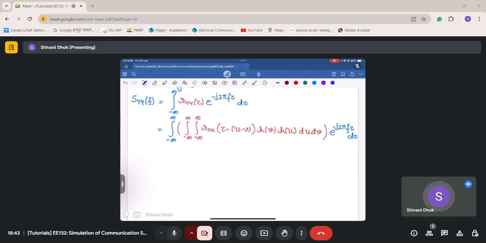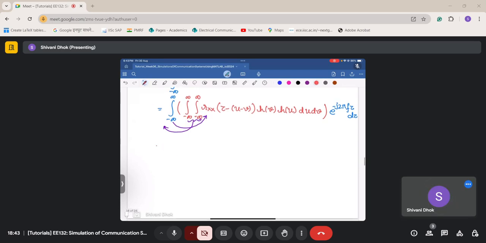What we will do, we'll change the order of integration. So we'll take this integration here and both of these outside. So what we get now is something like this. We will have integral from minus infinity to infinity, integral from minus infinity to infinity here. Then we will have this particular integral.